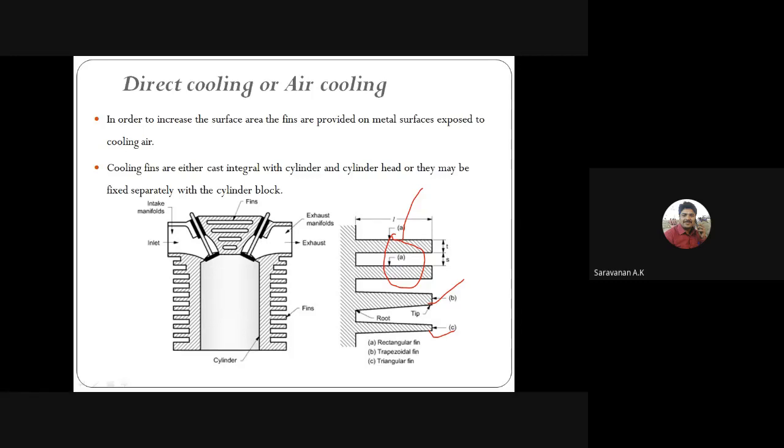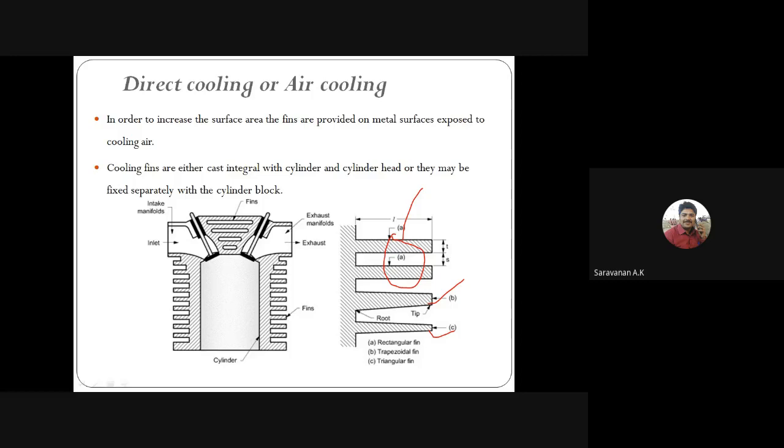Here you can see the two conditions. Once the surface area increases, the heat transfer will increase, so we have to increase the number of fins. But if the number of fins increases, it reduces the space between the fins, and that will decrease the heat loss.